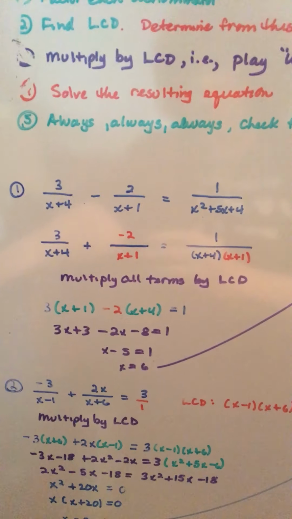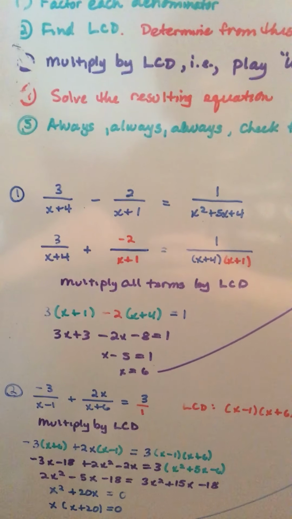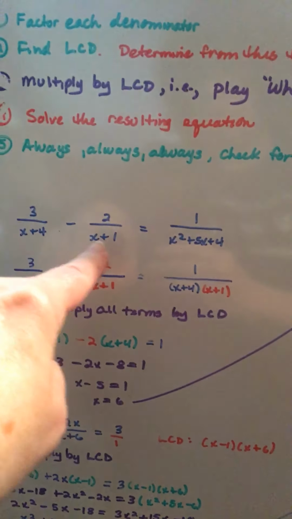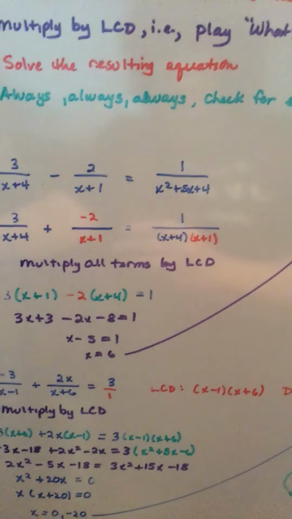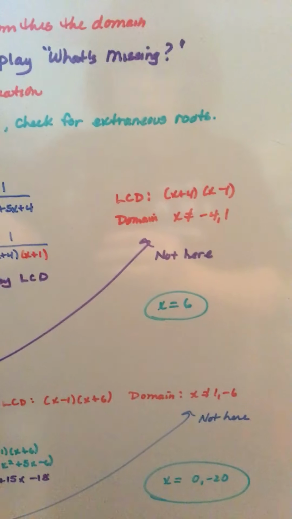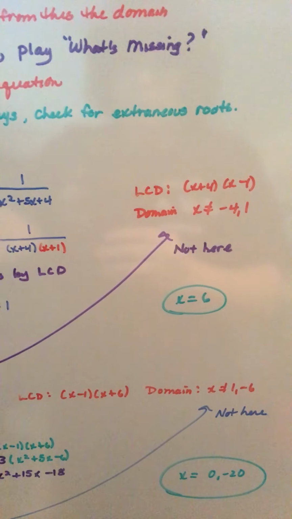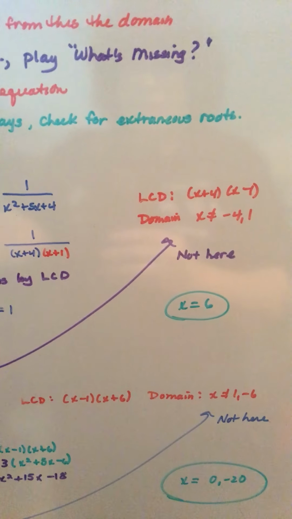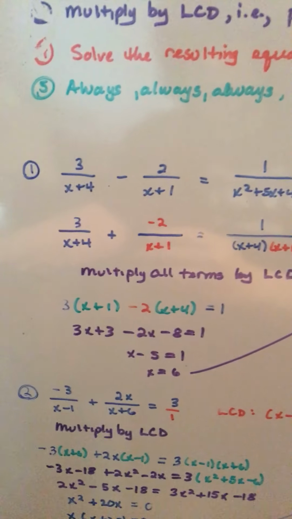So notice, as always, I write it as plus the opposite. These are teacher-made problems, so usually these two are what is going to be the factors of the other ones. So my lowest common denominator is x plus 4 and x minus 1. I see my domain doesn't allow -4 and 1.